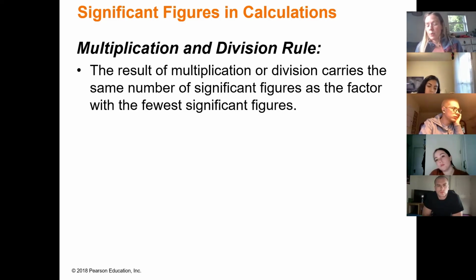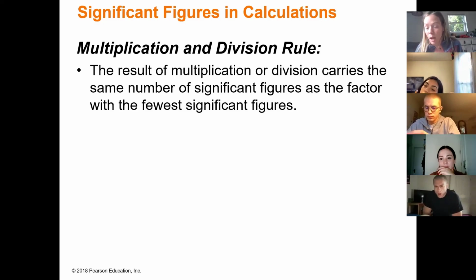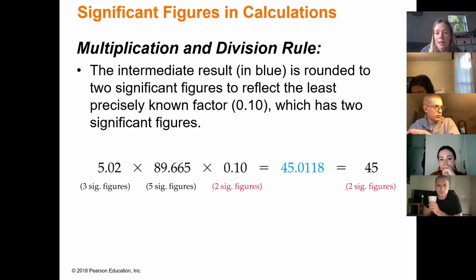Have you ever multiplied two numbers in a calculator and gotten a number with all these decimal places, and wondered how many decimal places the teacher wants? Now you know what to do, at least for measured values. You're only as strong as your weakest link, or your final answer is only as precise as your least precise piece of information.